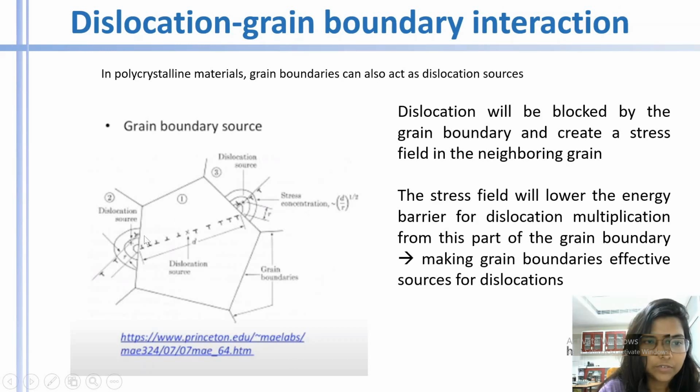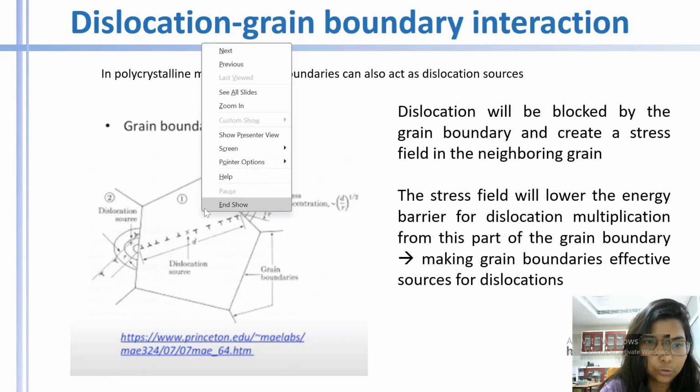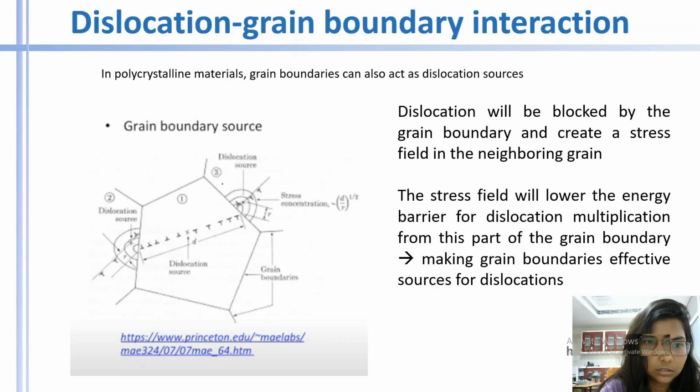If we have a grain, a domain, and this part is the grain boundary, and a dislocation source is moving in this direction, then when it encounters the grain boundary, the dislocation motion is stopped.